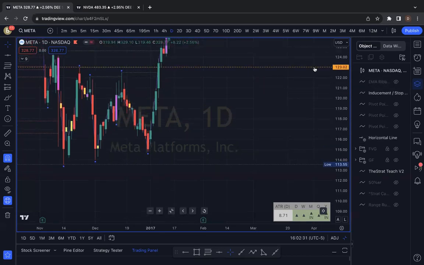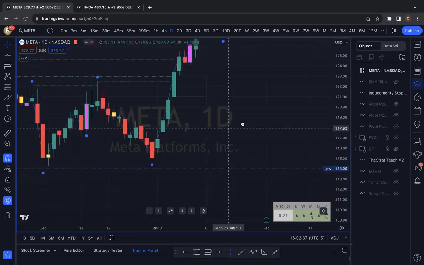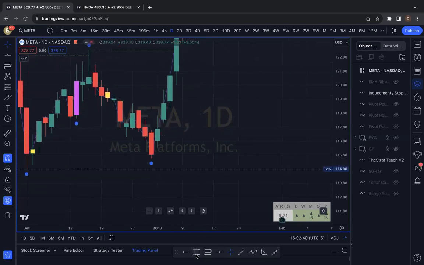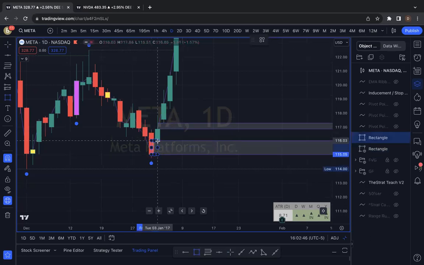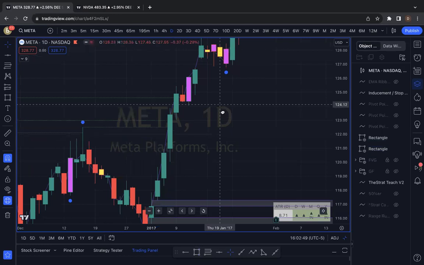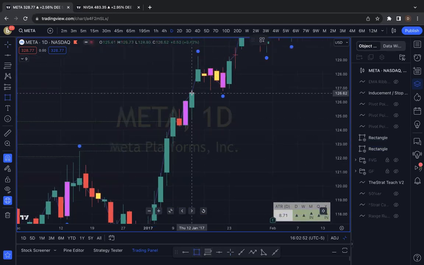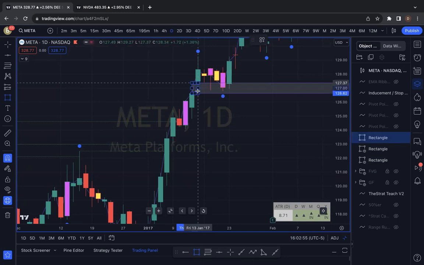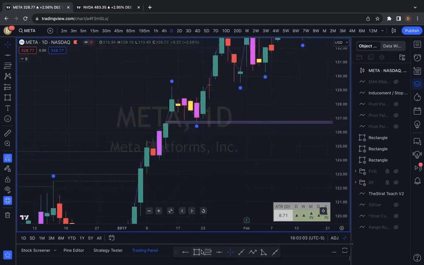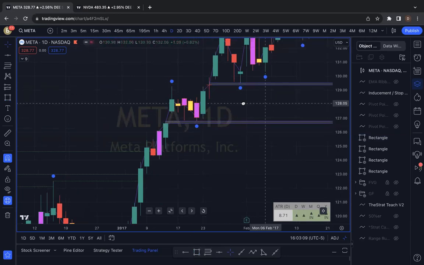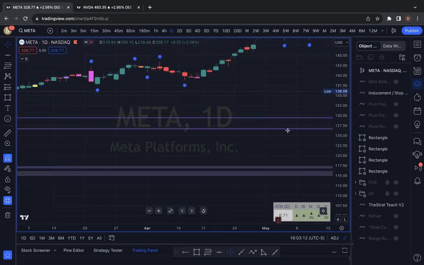Now, let's say I didn't have this line here. Let's say I was just winging it, and I was like, okay, here's a gap. Here's a gap. Close, open, adjust it, boom, boom. I would still be going up, drawing gaps, only to find out at some point, when was this?